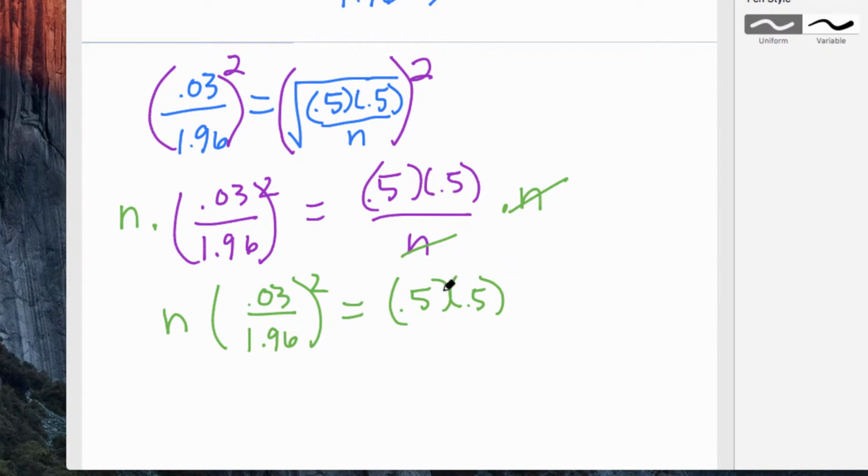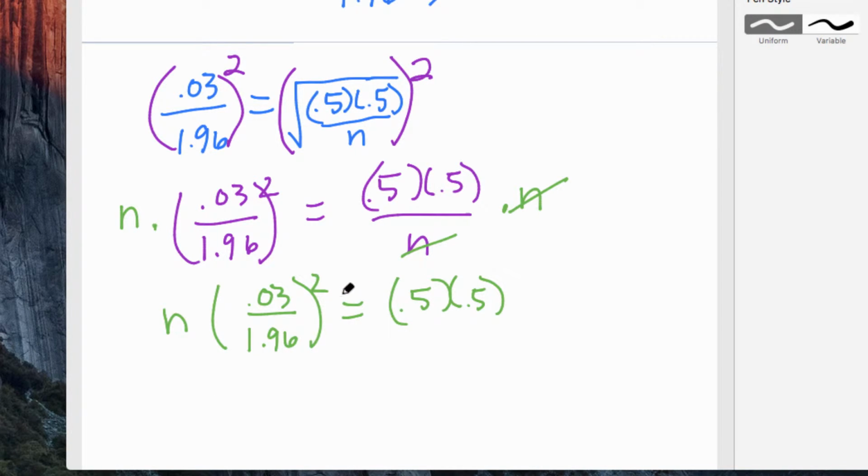All right, we're almost there. We want to get n all by itself. We need to get rid of this coefficient, these numbers right here. So the way I'm going to look at this is I'm going to multiply by the reciprocal, because if I flip the fractions, then I'll get some numerators to cancel, some denominators to cancel.